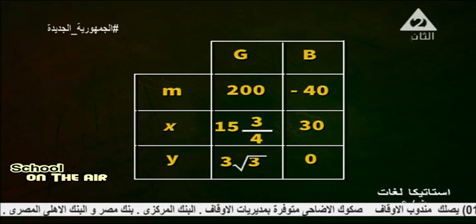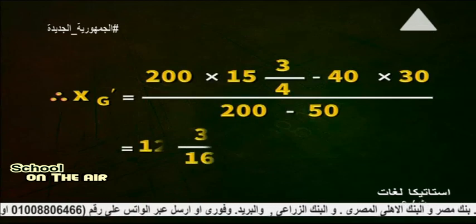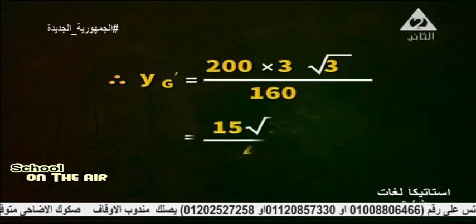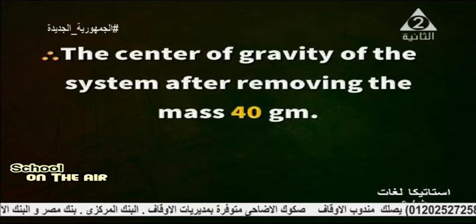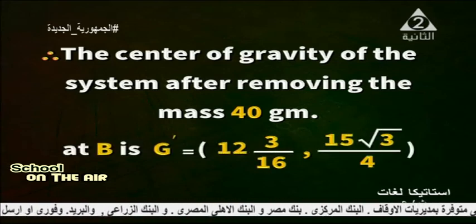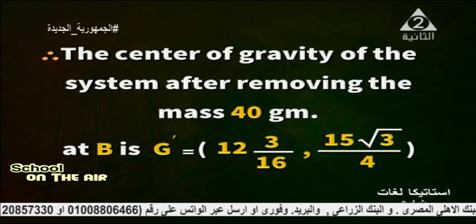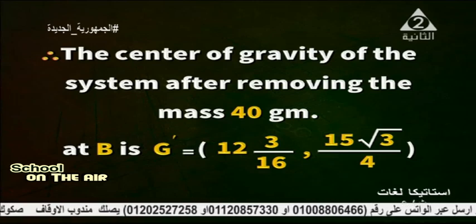By using the same rule, m1 x1 plus m2 x2 over the summation of m1 and m2, therefore xG dash is 12 and 3 over 16. yG dash by the same method equals 15 root 3 over 4. Then the center of gravity of the system after removing the mass 40 gram is G dash, its coordinates 12 and 3 over 16, second coordinate 15 root 3 over 4.